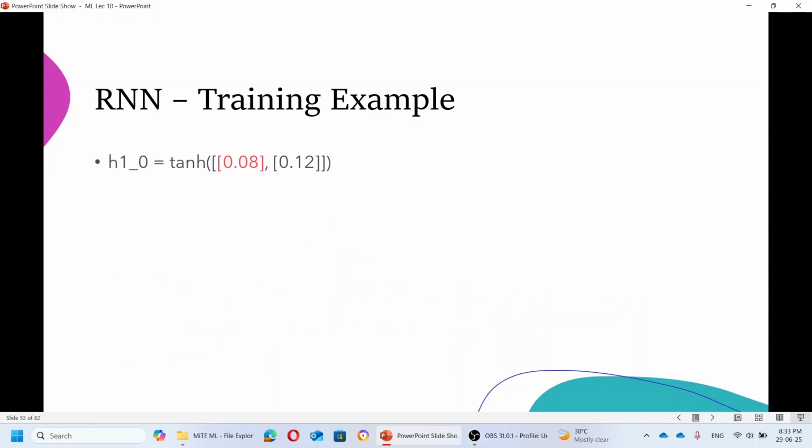Now these outputs 0.08 and 0.12 will be fed to the second layer neurons. But before that we apply tanh and we get 0.0797, 0.1194.